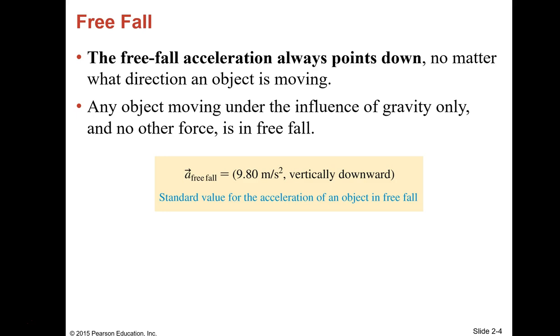It's always negative, no matter what direction the object is moving, because as you go up, the object is slowing down, which is really negative acceleration. As it comes back down, it's speeding up, going towards the ground. Again, a negative downward acceleration of 9.8 meters per second squared, vertically downward. A lot of times you'll be able to just use 10, but it is 9.8.